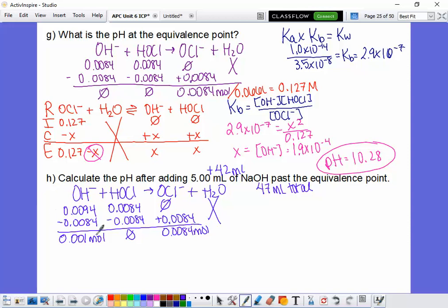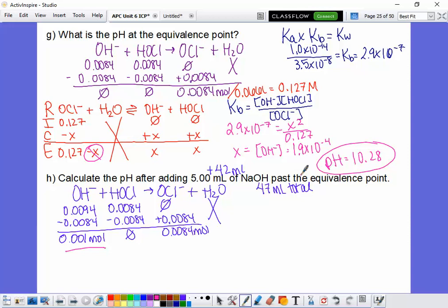We just need to find the concentration of hydroxide left in solution and take the negative log of that, and then 14 minus that. In order to find the concentration, I need to divide the moles by my total volume, which is the 47 of NaOH I've added plus the 24 of the HOCl I had in solution to begin with.